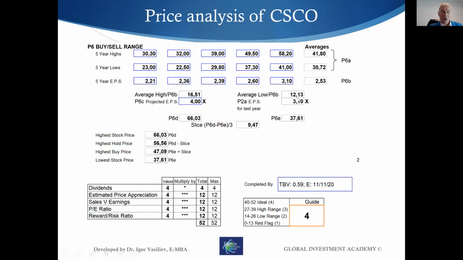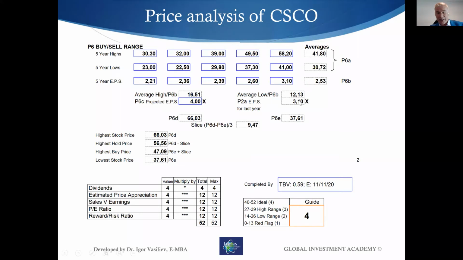Now, we also need to calculate the risk, the minimum price. So we know that it's 12.1 times, and we take the actual earnings, which were last year $3.1. At the moment, this year is already $3.2, so they're already higher.